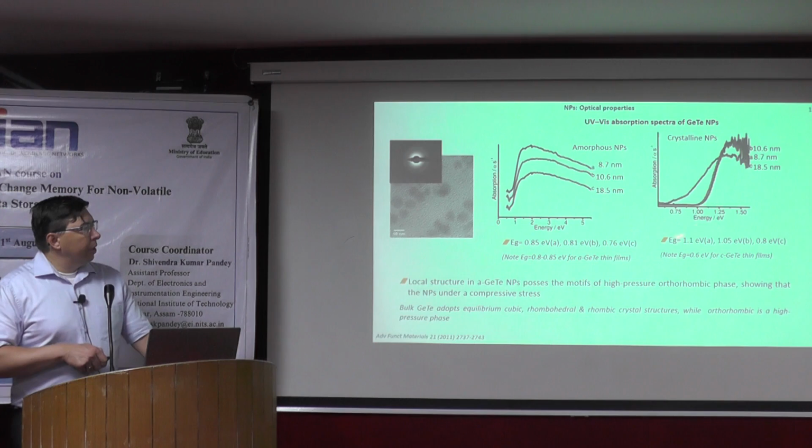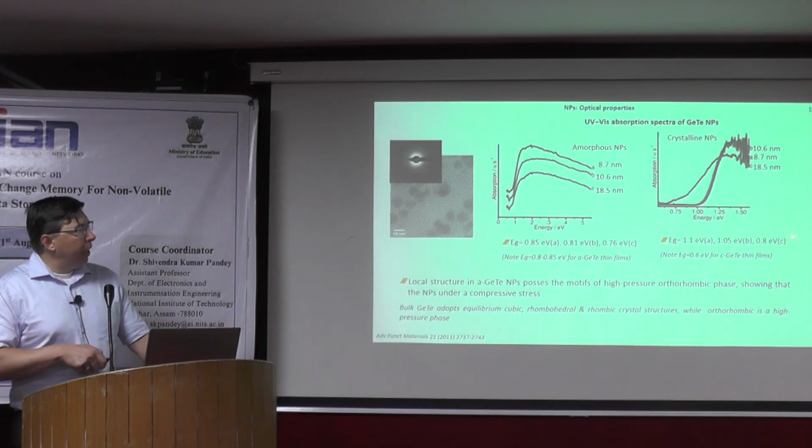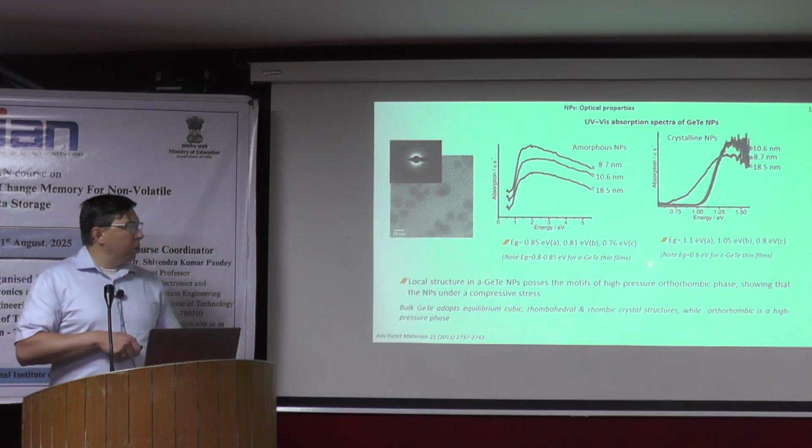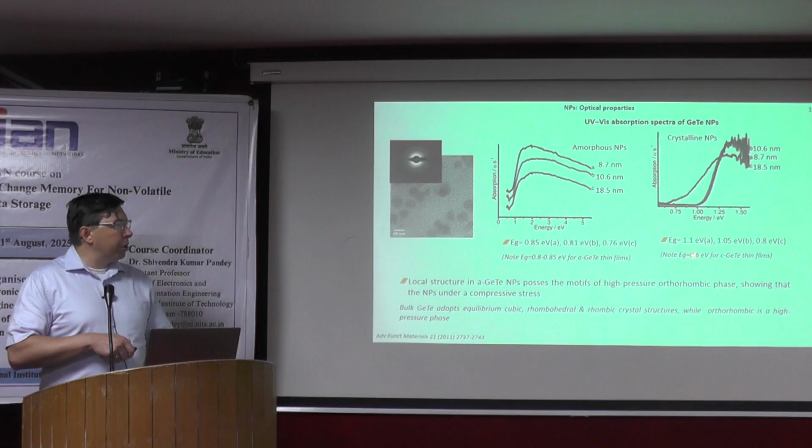Here we see the dependence of band gap on the size. So for the smaller size, they obtained a band gap of 5.1 eV. For larger size, it's 0.8. But for crystalline GST thin film, there are reports of a band gap of 0.6.